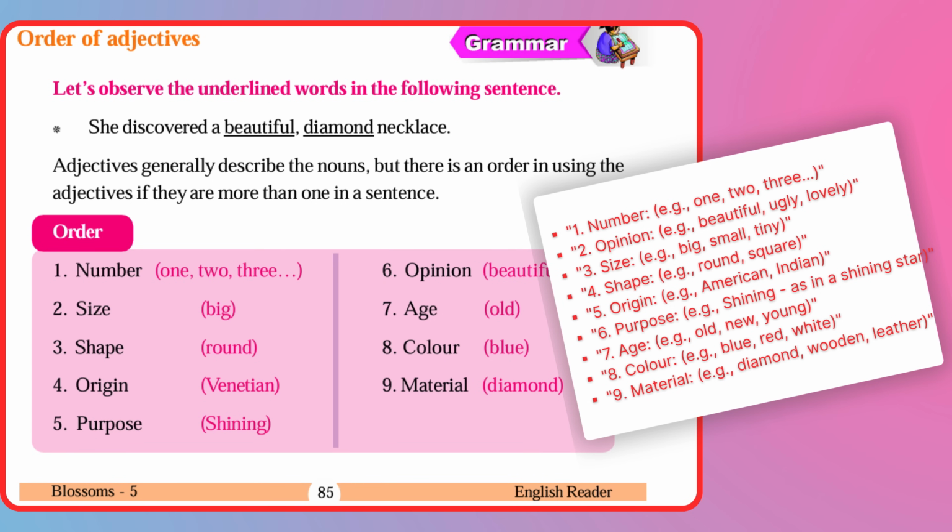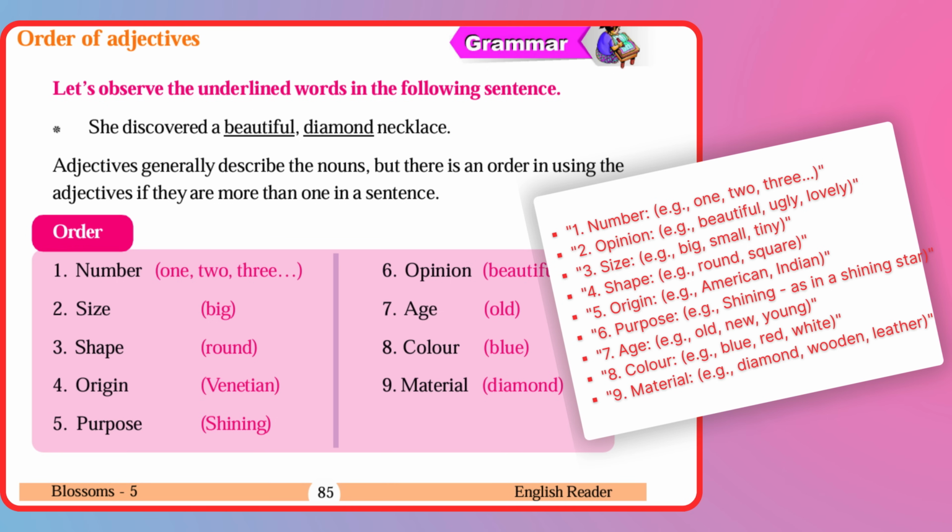First one is number, one, two, three, like that. Second one is opinion. Actually, in the textbook, opinion is given in the sixth place, but I have given the list in which it is given as the second one. I will explain in detail later. Third one is size. Size means big, small, tiny; all these adjectives will be related to size.